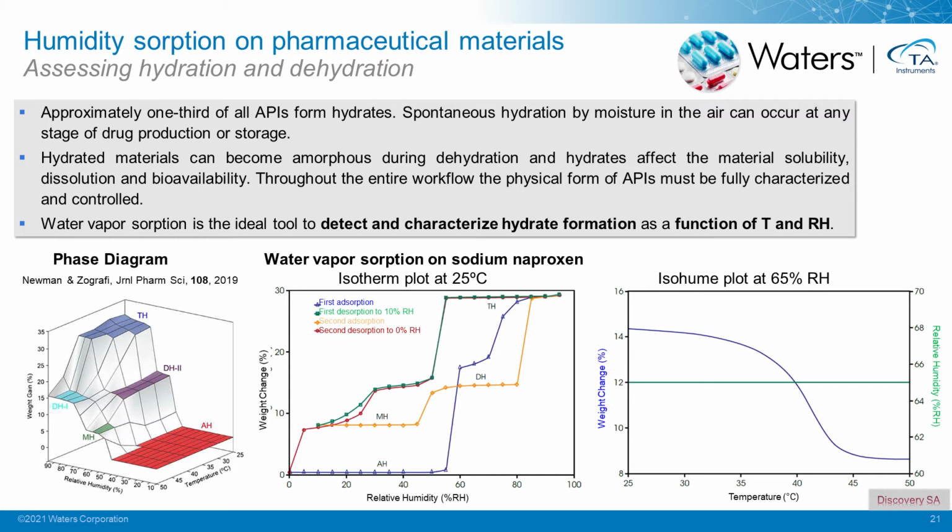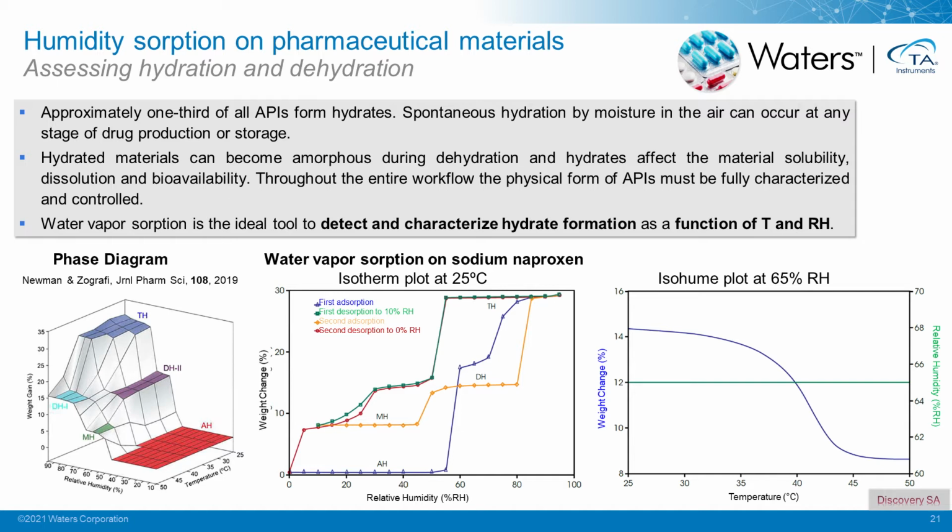This type of thing is very important to know because it can affect the dissolution, the bioavailability, and as we saw previously with lactose, if the water is forced out of the crystal structure, it actually may induce a crystal to amorphous change.